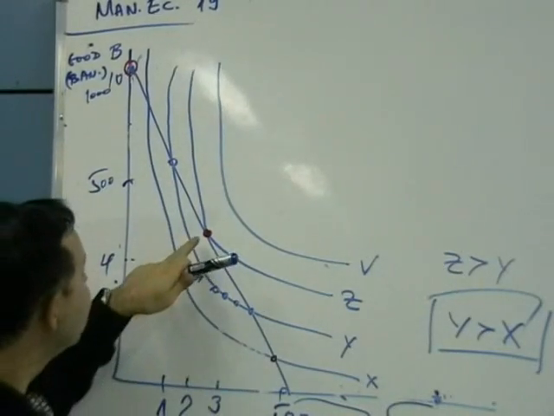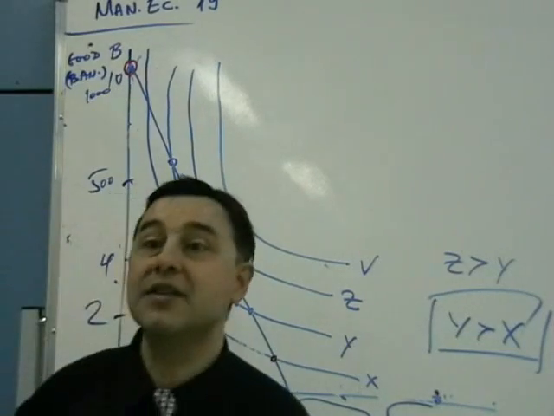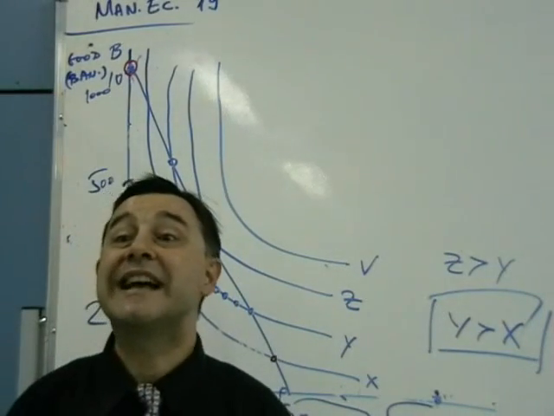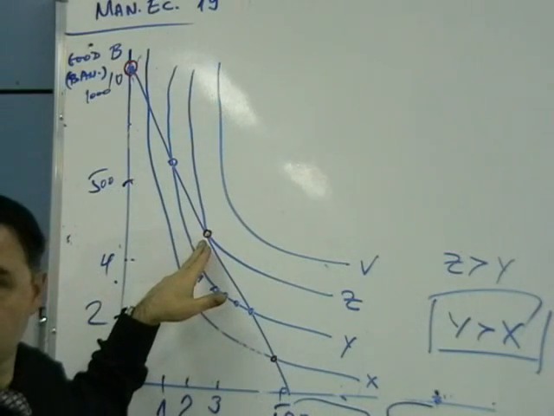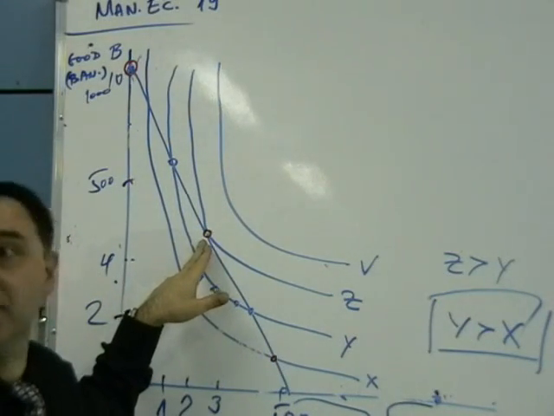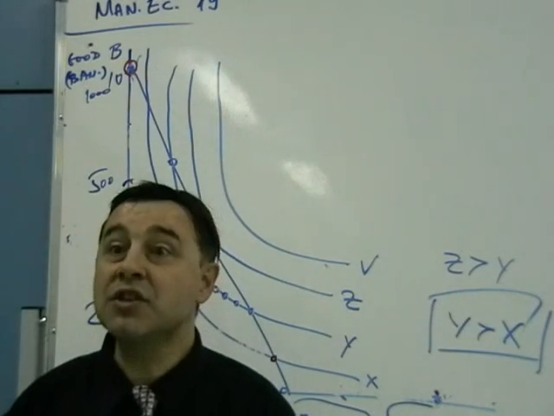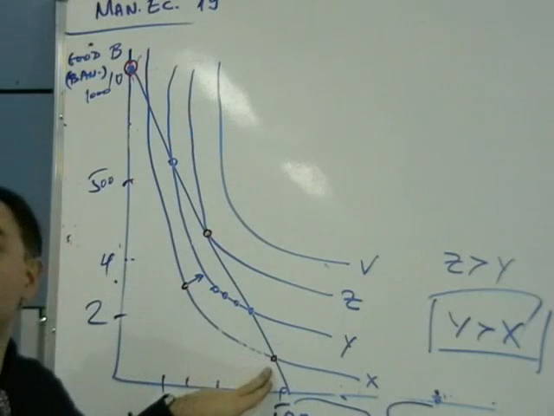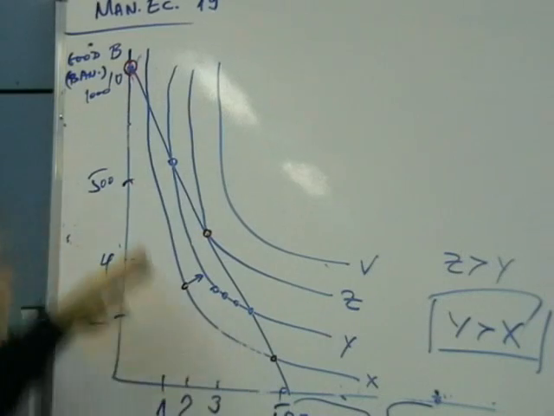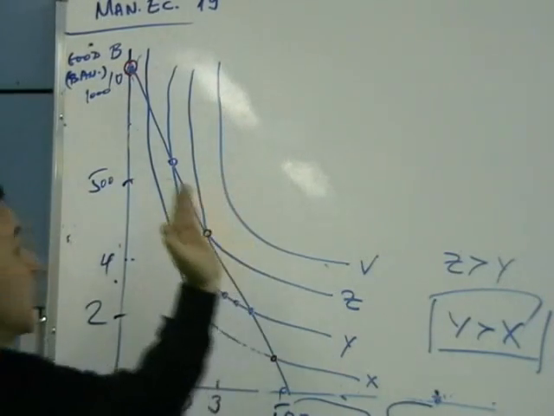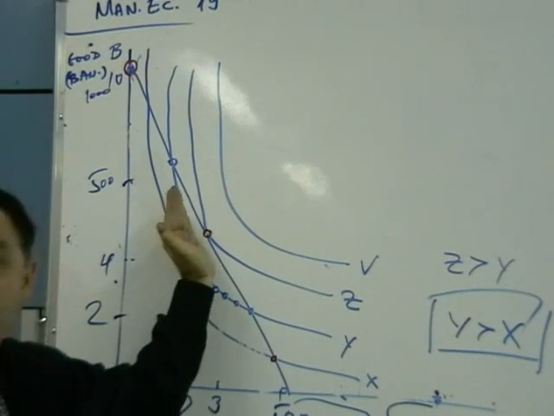So, where the indifference curve touches the budget line, in other words, where the indifference curve is tangent to the budget line, you get what is called utility maximization subject to the budget constraint. Of all curves that are lower, you can always improve by moving higher out.